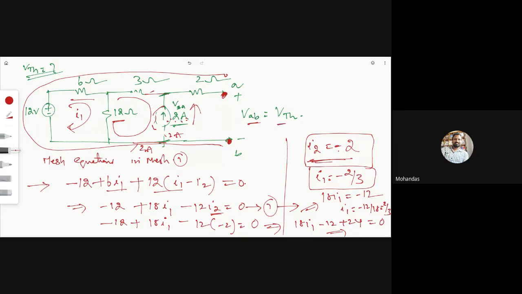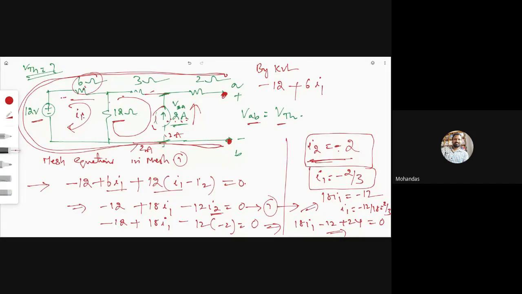Now I am taking this loop, and I am going to write the KVL in this loop. By KVL, tell me, in this loop, minus 12 plus 6 into which current is flowing here? I1. 6 into I1.